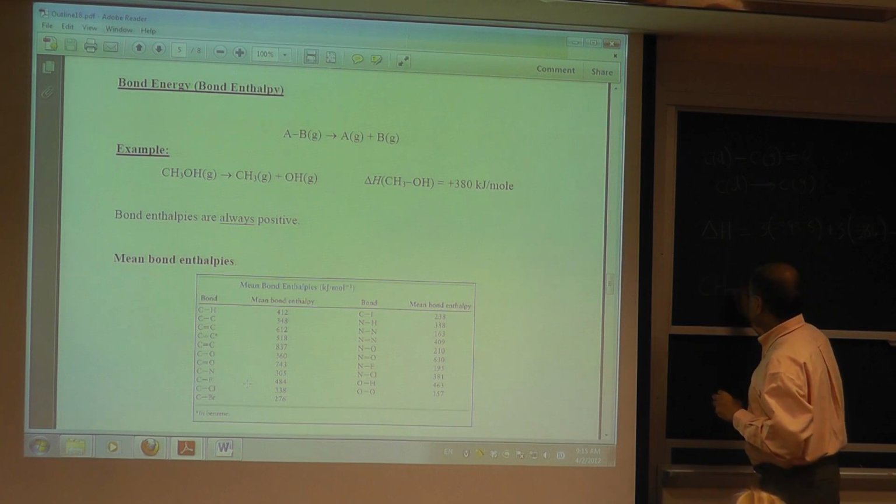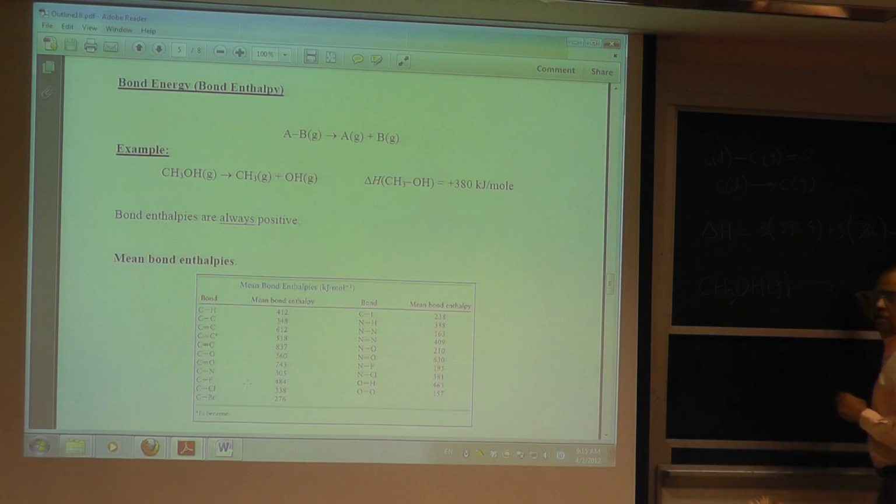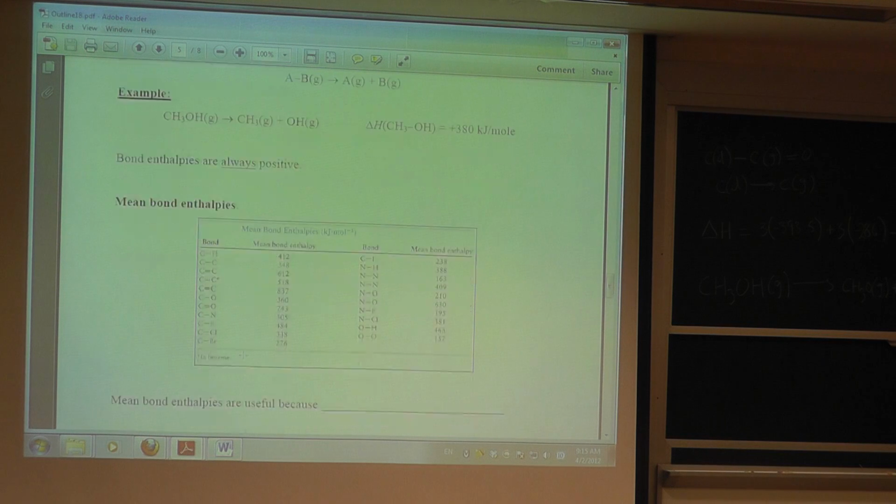It's going to be CH3OH gas going to CH3O gas plus H gas. This is the bond enthalpy for the OH bond in the methanol molecule. Why is that not an OH?